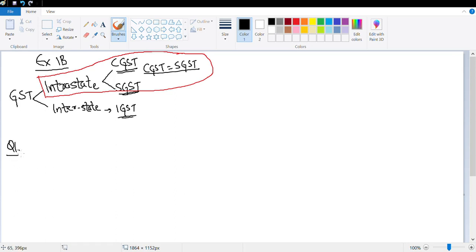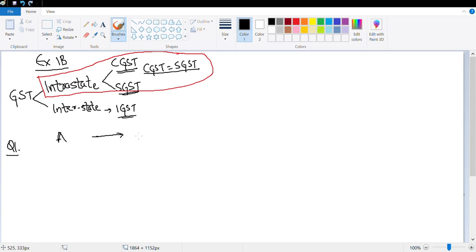So let's look at question number 1. When the goods or services are sold for rupees 15,000, which means the SP is rupees 15,000, under an intra-state transaction from A to B. So let me write it differently.